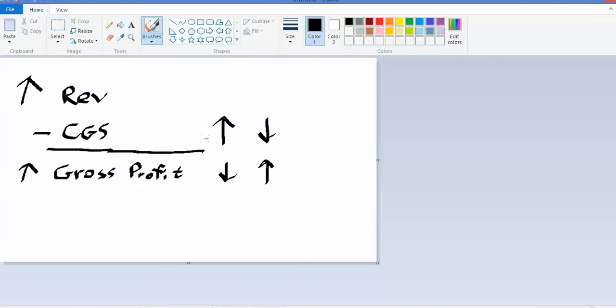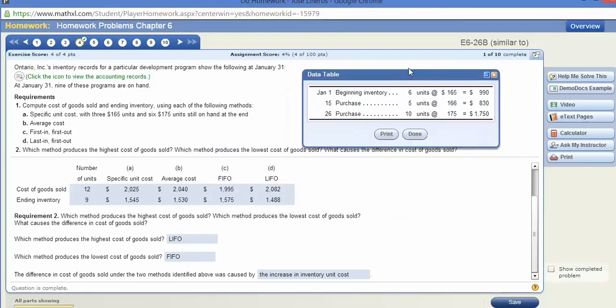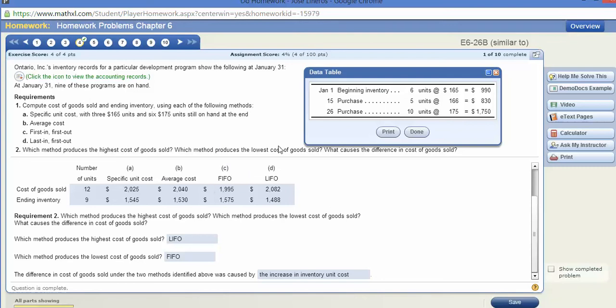So for gross profit to be the highest possible, cost of goods sold has to be the lowest possible. You look up and down here, and the lowest is FIFO. So FIFO, in this case, when purchasing of inventory is getting more and more expensive, is going to give you the highest gross margin or gross profit.